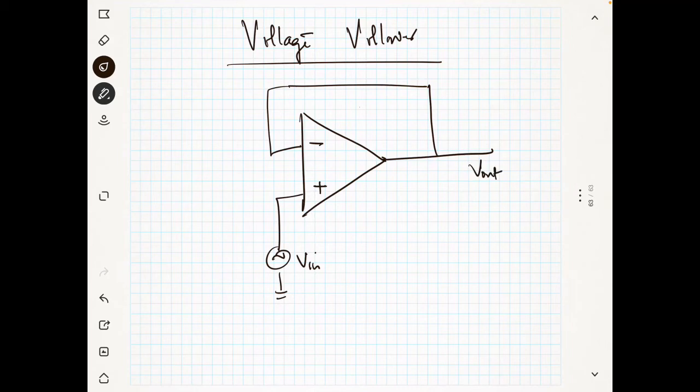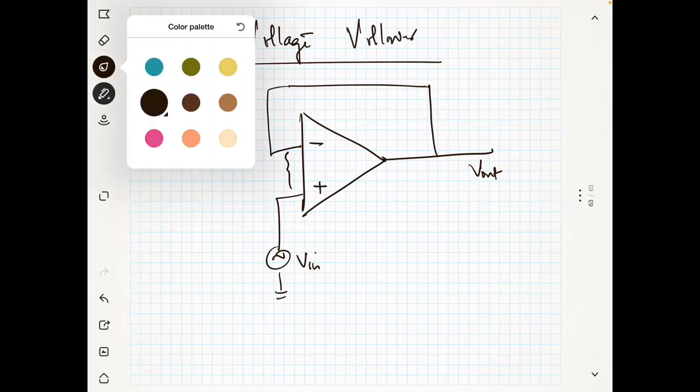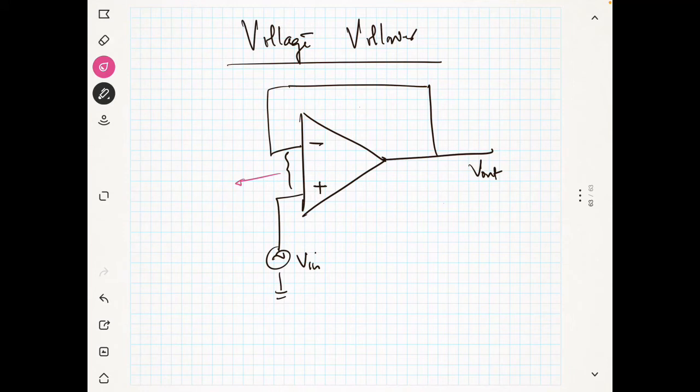Can you tell me what is the output? It's very simple. I told you your VD is approximately 0. Let's say this is V minus and this is V plus. V plus is the same voltage as V in. What will be my V minus?